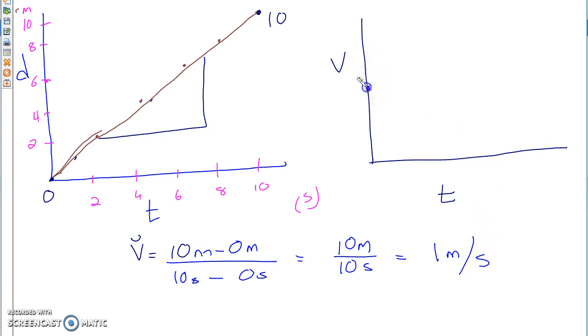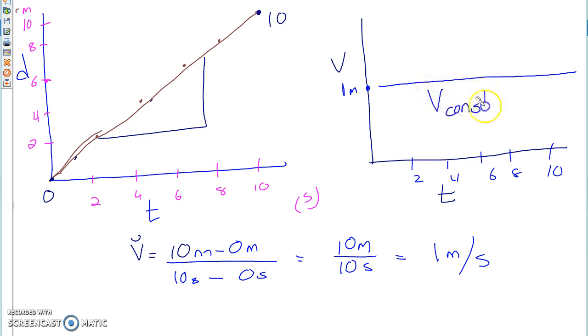So of course, let's say this is 1 meter, and this is your time right here: 2, 4, 6, 8, 10. What will my slope look like? What's my slope telling me? It's a straight line. My velocity is constant.